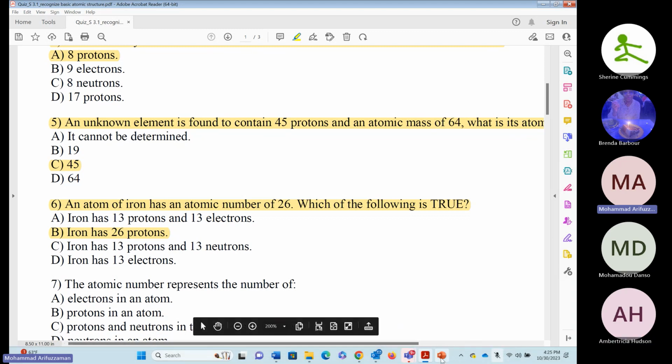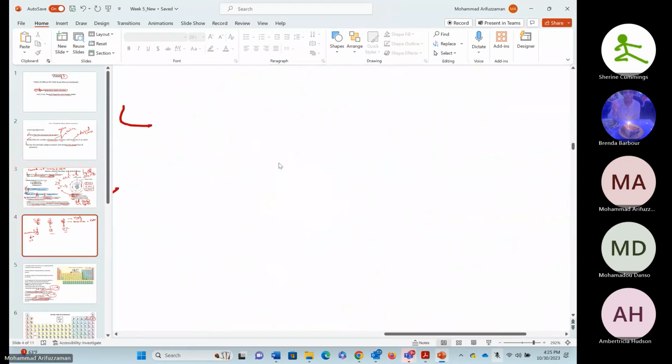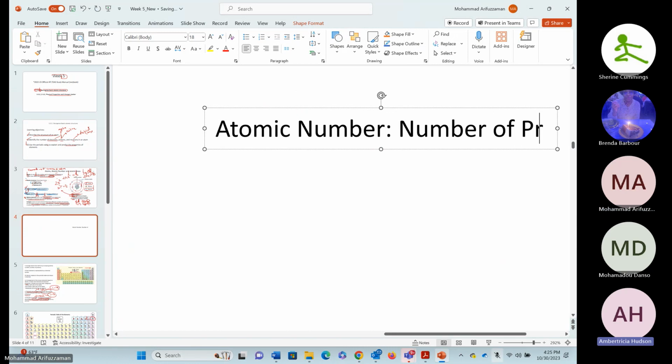So remember, atomic number means the number of protons, and atomic mass is protons plus neutrons. Let me just write it. Atomic number means number of protons.